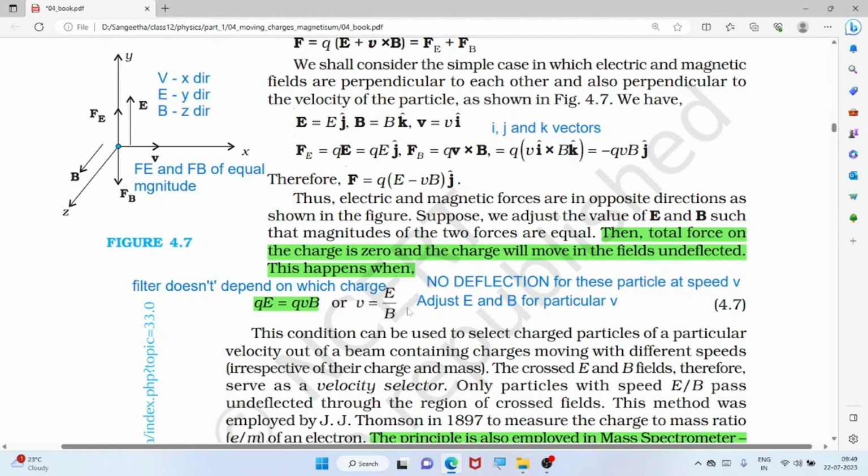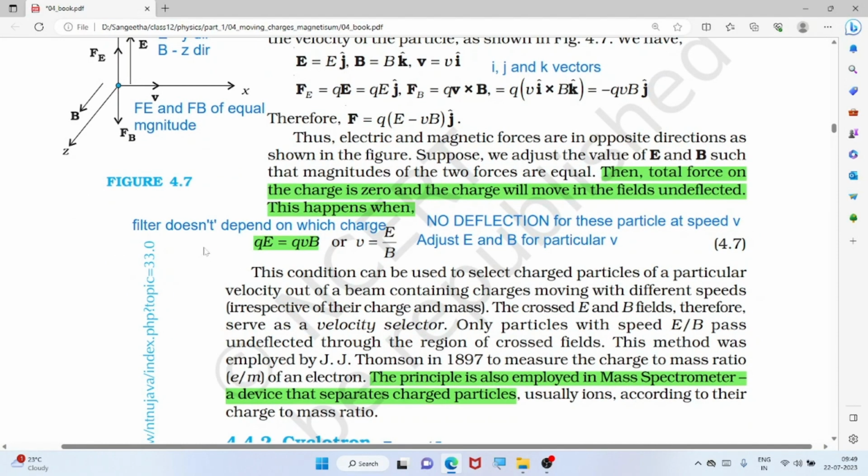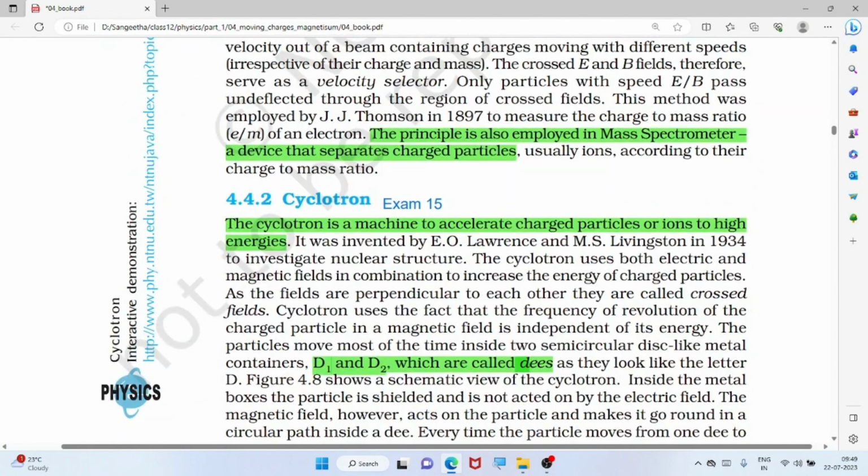There will be no deflection and the charged particle will come out straight. It does not depend on the type of charge, whether negative or positive. This principle is also employed in the mass spectrometer, a device that separates charged particles.